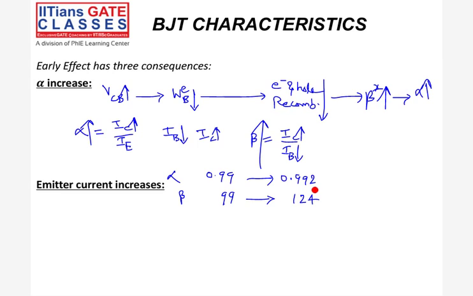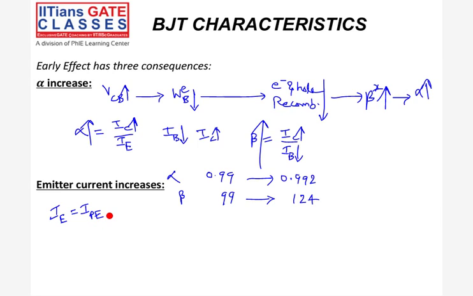Second thing, ammeter current increases. How does ammeter current increase? We can see here IE, that is equal to IPE, I can say in a PNP transistor. This is the whole diffusion current through JE, through this emitter junction.